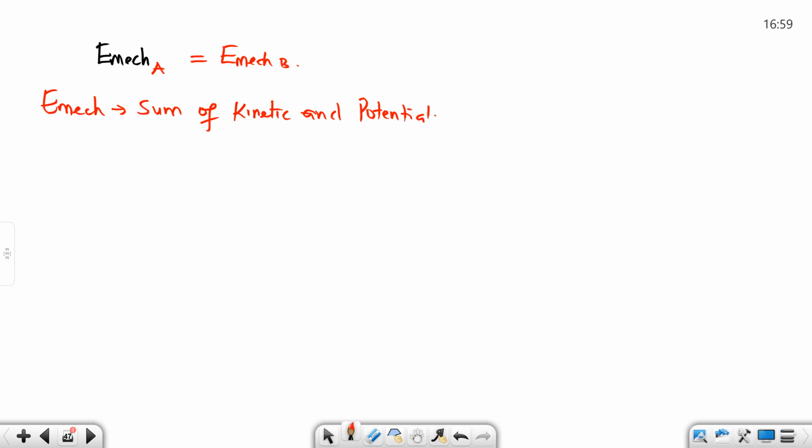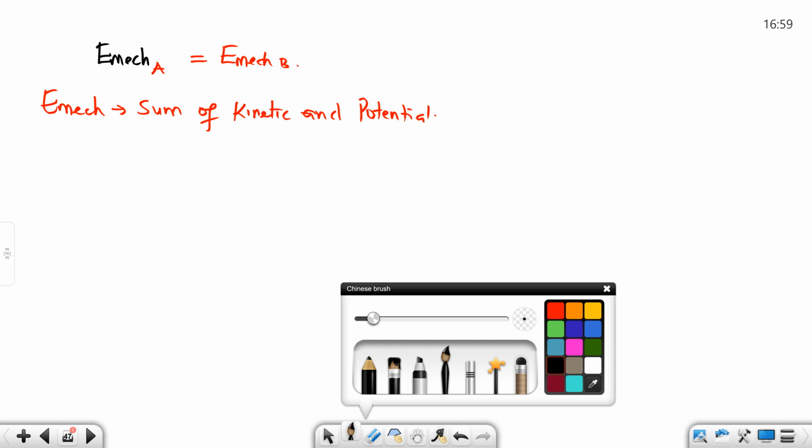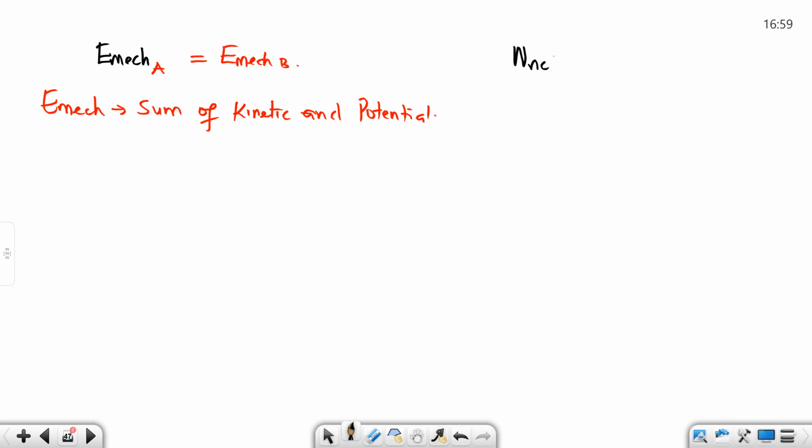Are you aware that if I just use the work done by non-conservative forces, it actually tells me everything? What is the work done by non-conservative forces? Change in EK plus EP. It is the sum of which two energies?